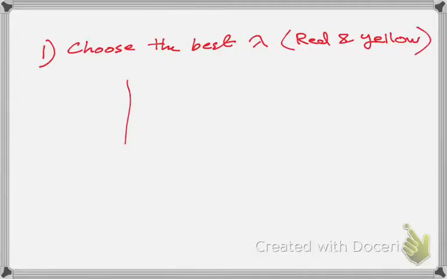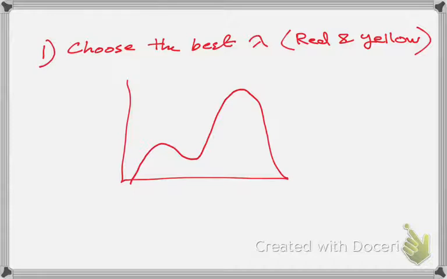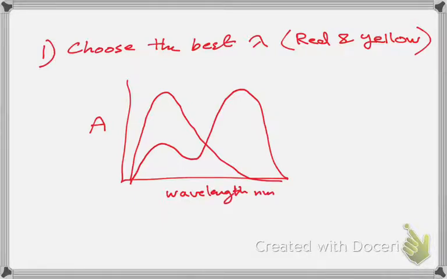We scanned both dyes and looked at how they overlap, where here we had absorbance and here we had wavelength in nanometers, and this was the visible spectrum. For the red, we had no problem identifying the peak, as it has almost zero overlap, around, I would say, 510 nanometers.